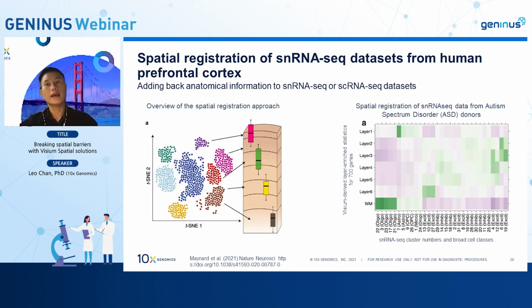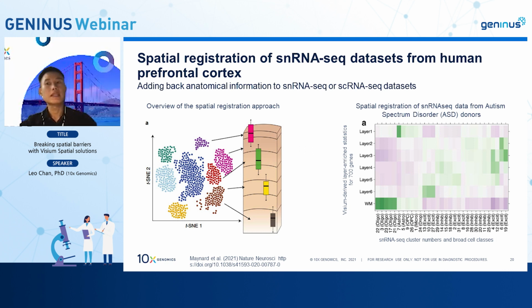I want to highlight that they integrated spatial resolutions to their single nucleus RNA-seq datasets generated from human brain tissue to provide further insights about the functions of molecularly defined cell types.